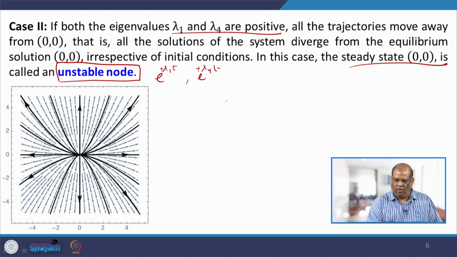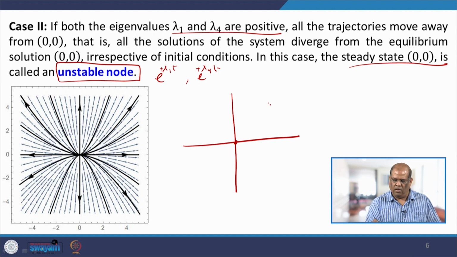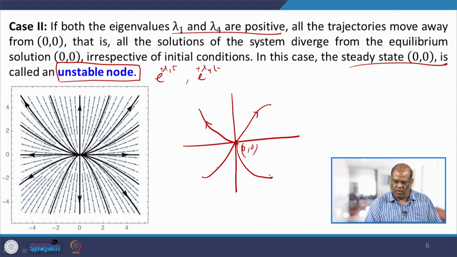What you do is draw a node and take one point in each quadrant. This line can be anything, it can be any curve. However, in this particular case, because it is an unstable node, the arrow will move away from the origin. So, the arrows are very important. This is an unstable node.